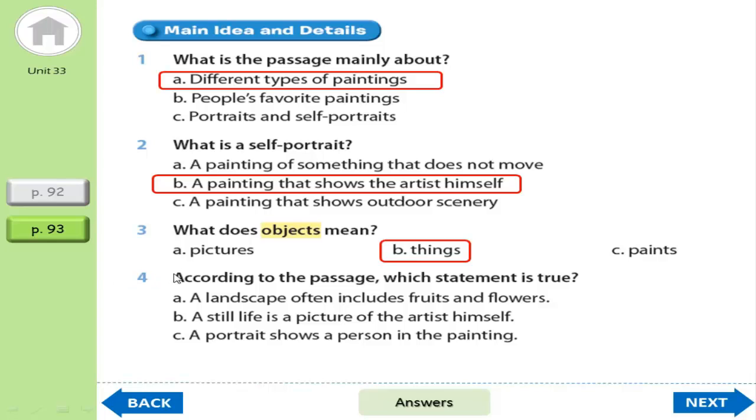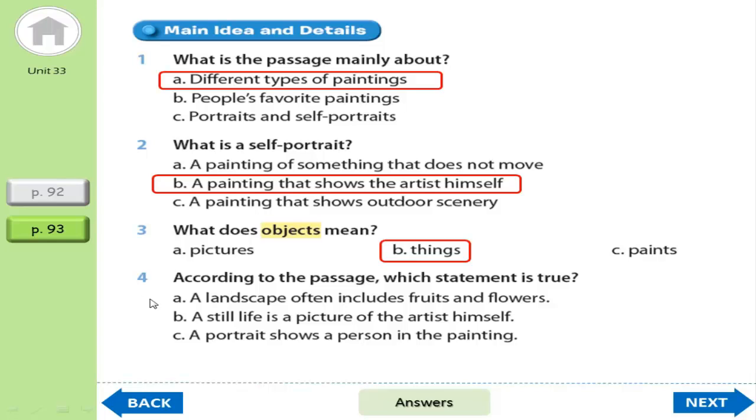Now question 4. According to the passage, which statement is true? A. A landscape often includes fruits and flowers. B. A still life is a picture of the artist himself. C. A portrait shows a person in a painting. So we also have three sentences.